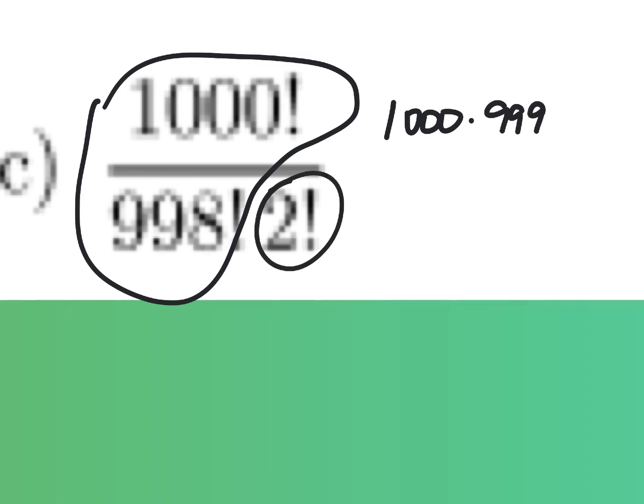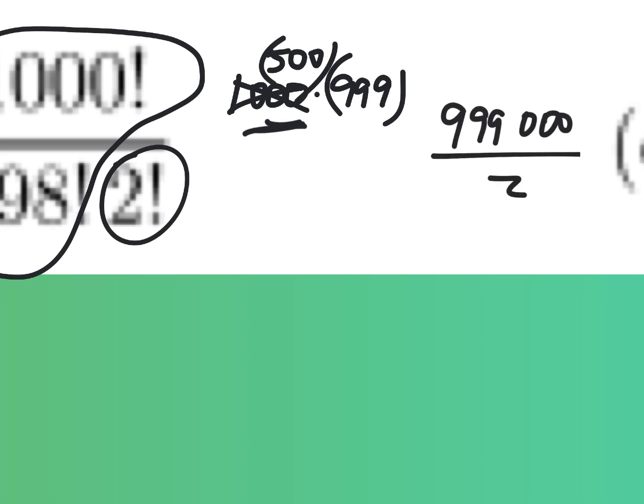So then I could take my 1,000 and divide it by 2, and it'd be 500 times 999. Or I could have done times it by 1,000 and then divide everything by 2. So this would be 999 with 3 zeros, all divided by 2. That wouldn't have been too hard to do either. Same answer.